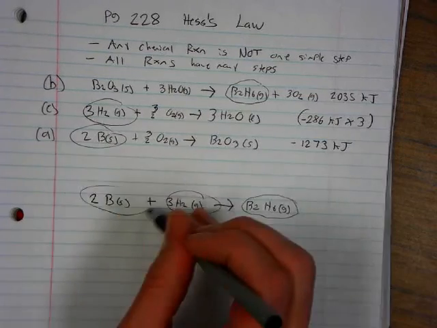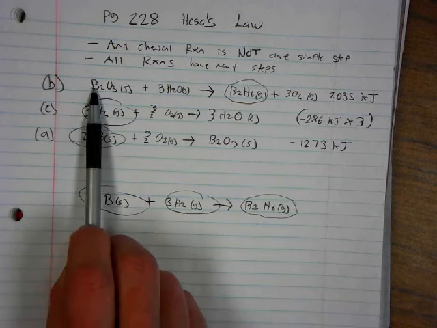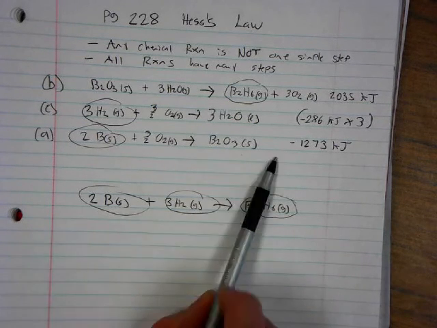Do I need to manipulate this one at all? No, so I'm just going to leave its kilojoules as negative 1,273 kilojoules. That gives me 2B on the left. I'm beautiful so far, right?